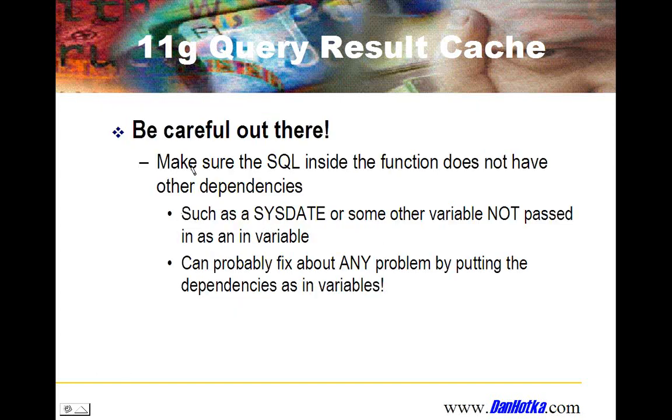Okay, one of the things to be careful about when working with the result cache function or the deterministic function is to make sure that that function isn't influenced by anything else. I.e., you pass in one feature, it always returns that same output without any other influences.